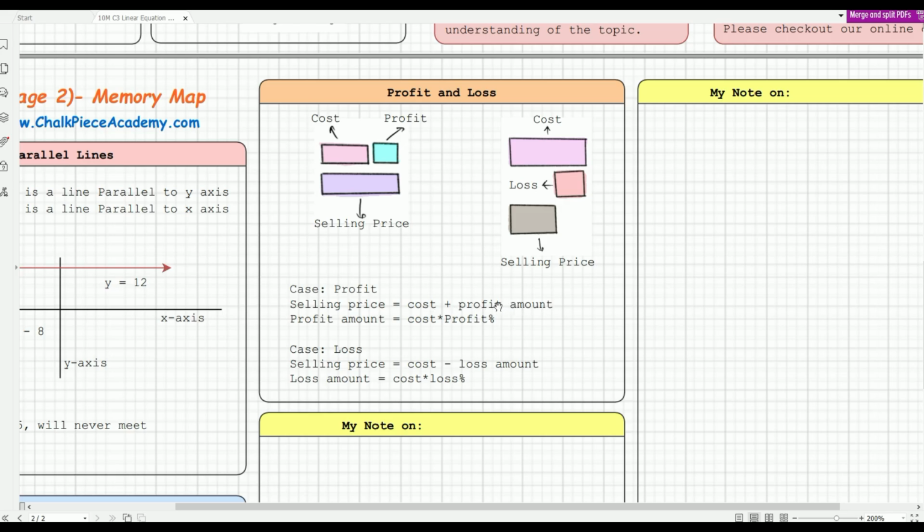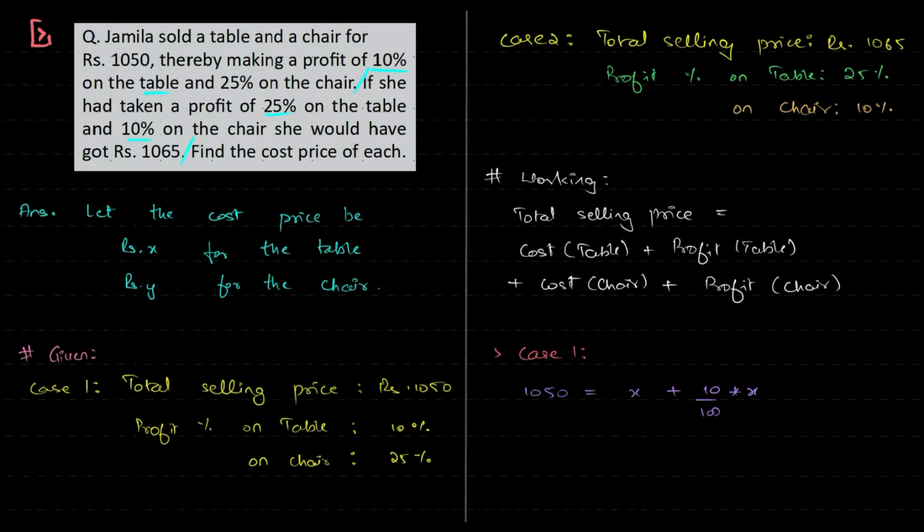It's always an amount, and only an amount can be added to an amount. We can't add a percentage to an amount, so that sense should be there. And plus Y plus 25% of Y, that is 25 by 100 Y. Again, these fundamentals have to be learnt from your end.